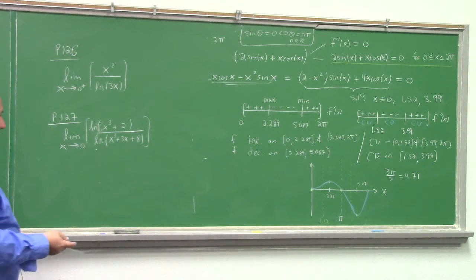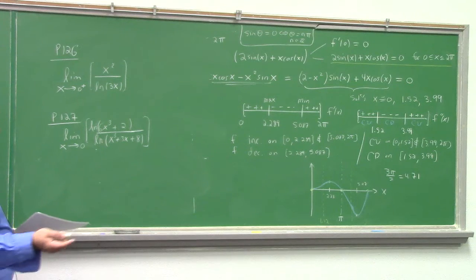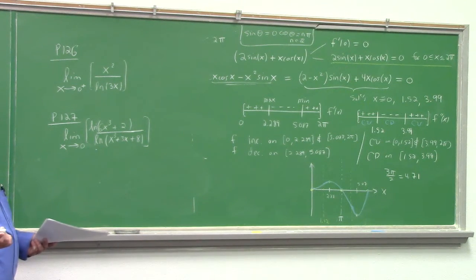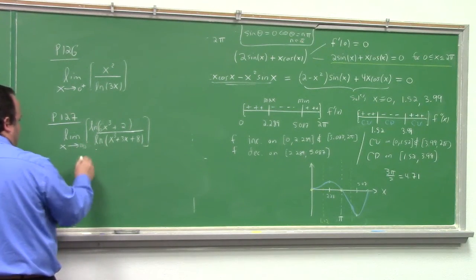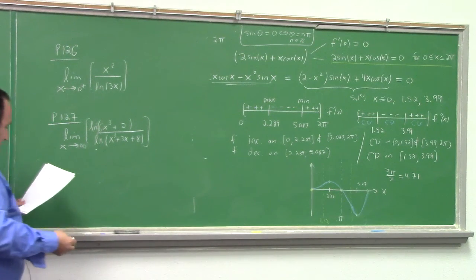If that's 0, you can just plug in 0, you get natural log of 2 divided by natural log of 8. But what I had intended there to make the problem interesting was infinity. Then there's something to calculate.